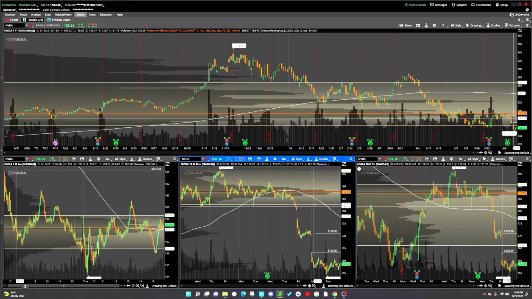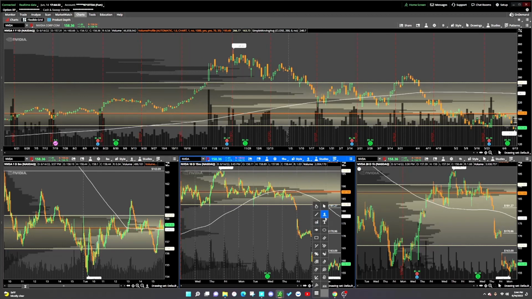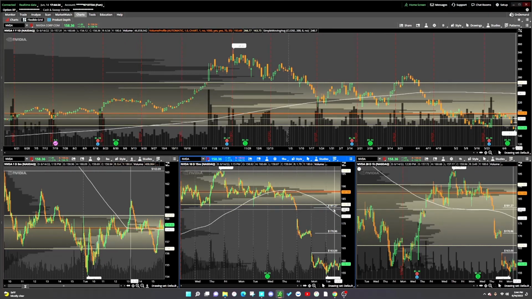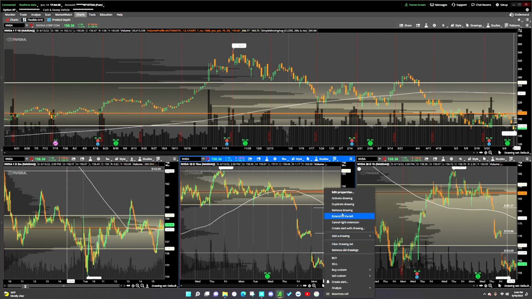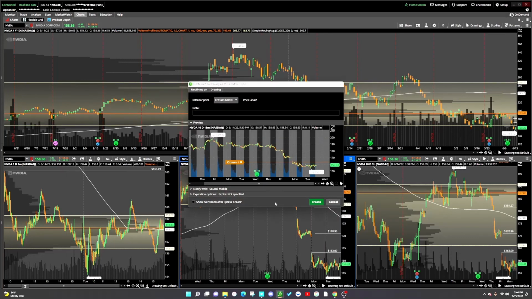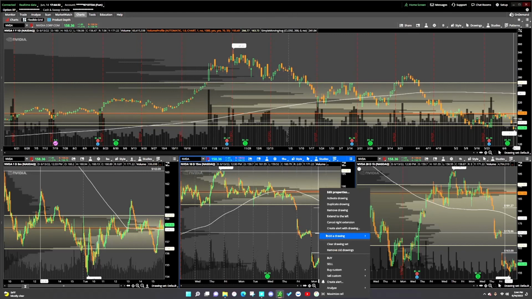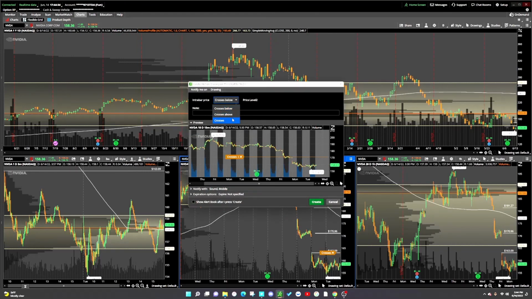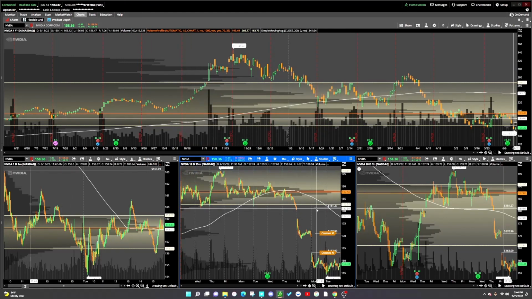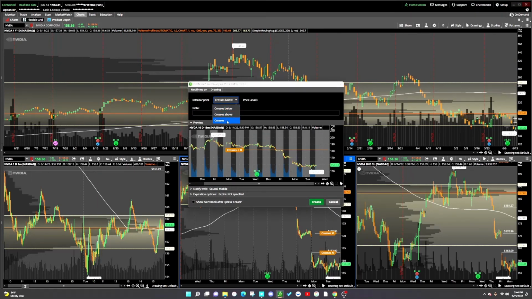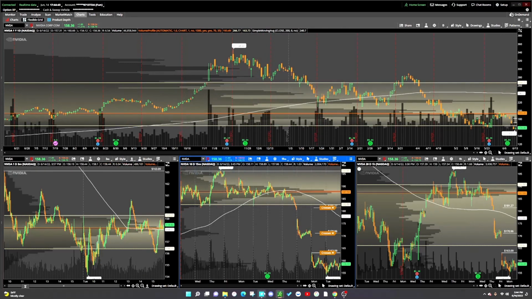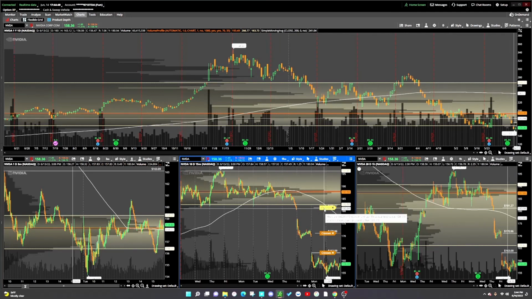And then we'll also do 181.27. So we'll create an alert here if it just crosses. And that's what we're targeting.